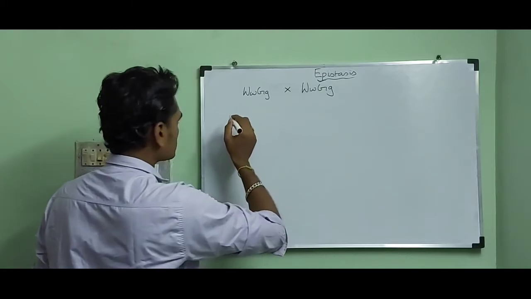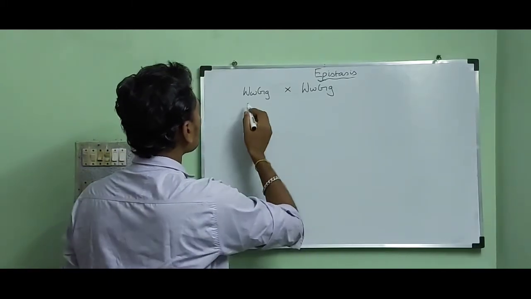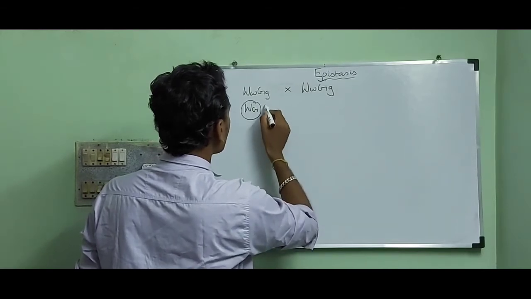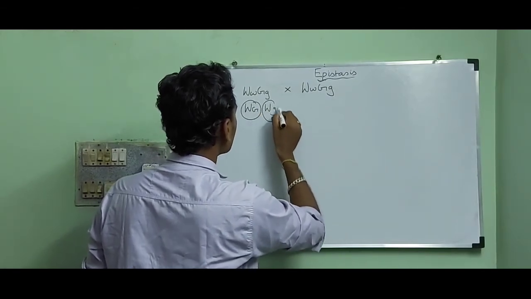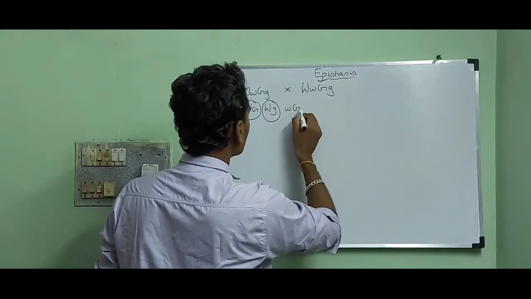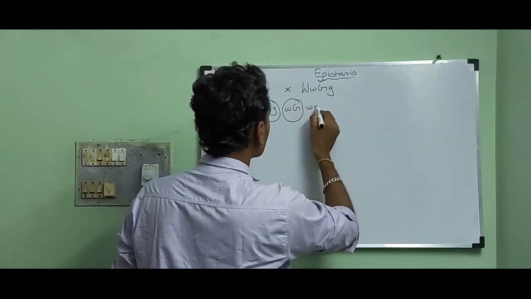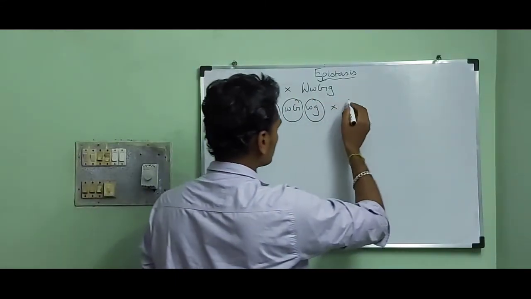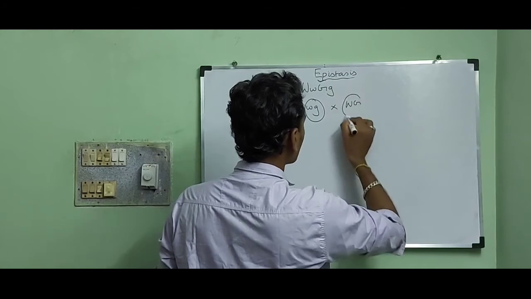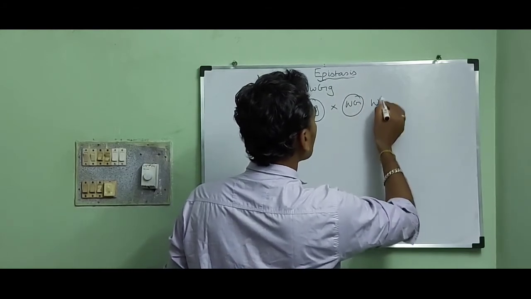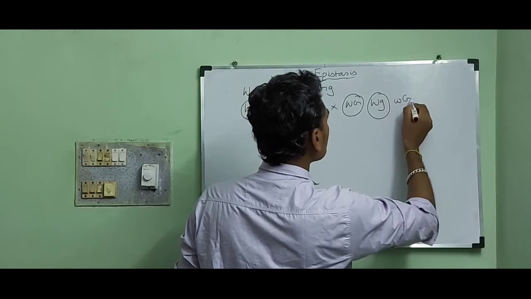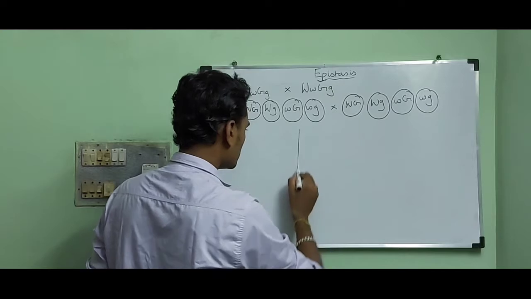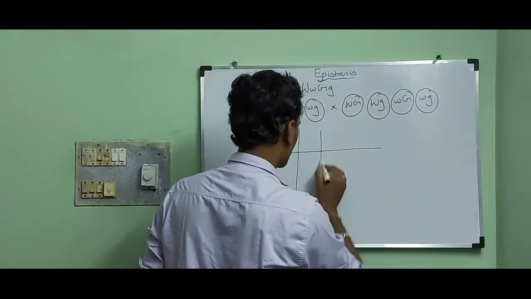So the gametes produced would be capital W capital G, capital W small g, small w capital G, small w small g. The same condition will occur here. Then these gametes are plotted in the Punnett square.